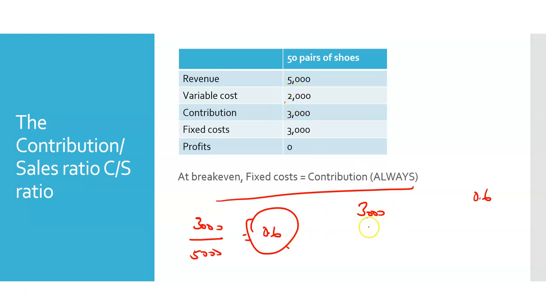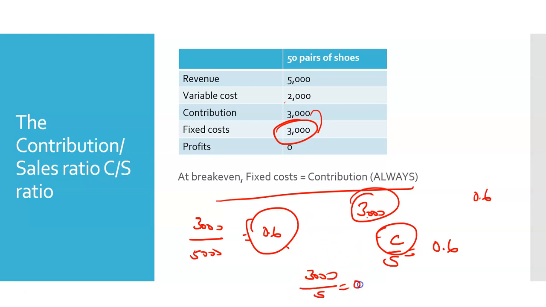Well, I know that C over S is equal to 0.6. I know that at break-even, C is equal to the fixed costs given to me, because profits are zero. Contribution minus fixed cost is zero, so the contribution is equal to fixed cost. So 3,000 over S is equal to 0.6. That means S is equal to 3,000 over 0.6, which is equal to 5,000.